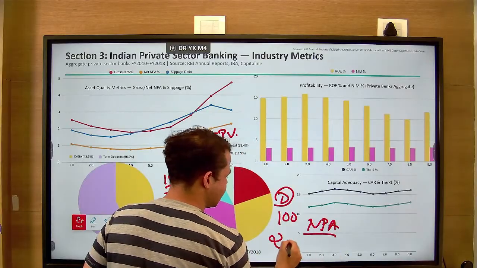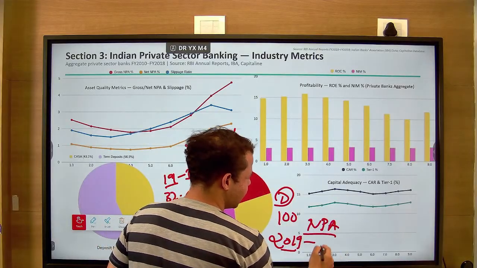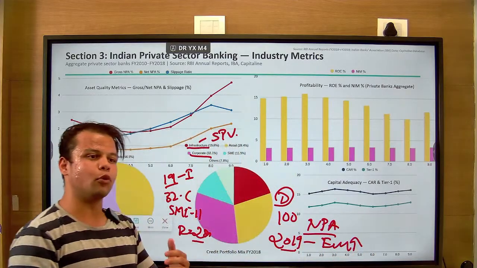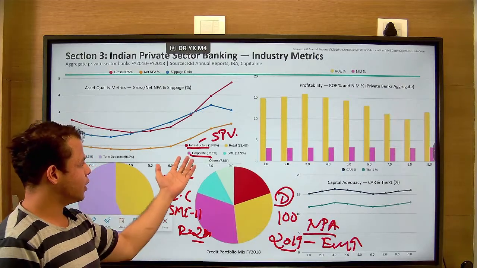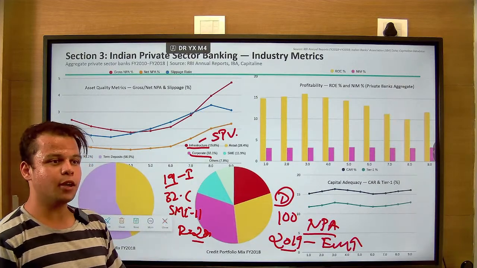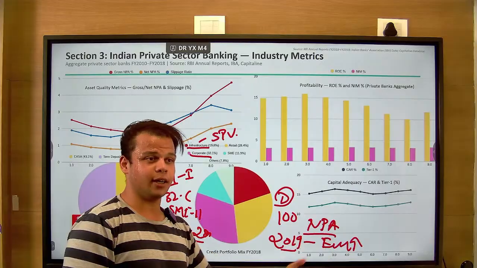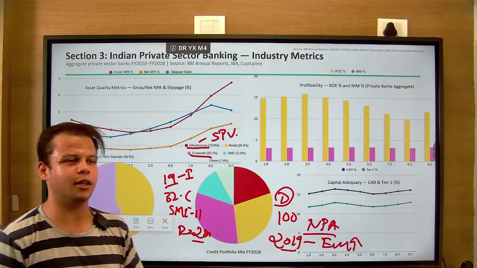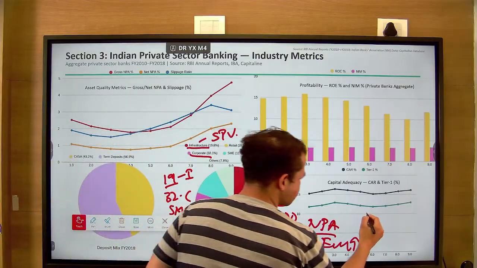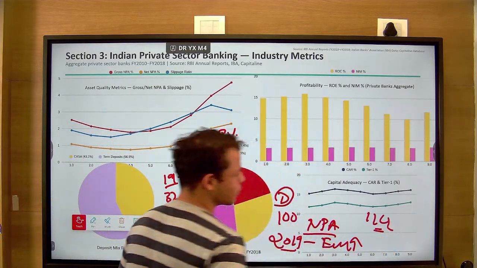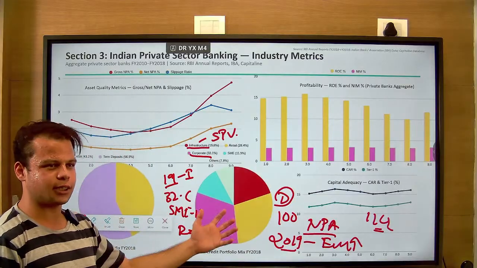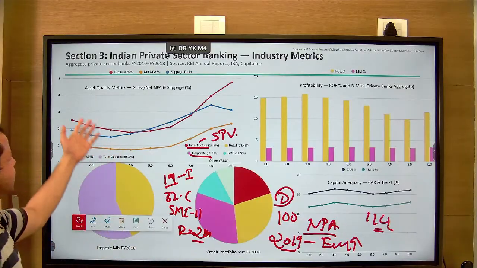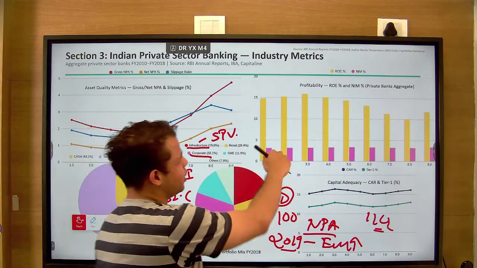So in 2019, we can see that their equity multiplier increased, as they were giving more and more loans to infrastructure and corporates, because of which their NPA also increased, and they committed a fraud of around 11,000 crore in 2019. This was an assumed figure.